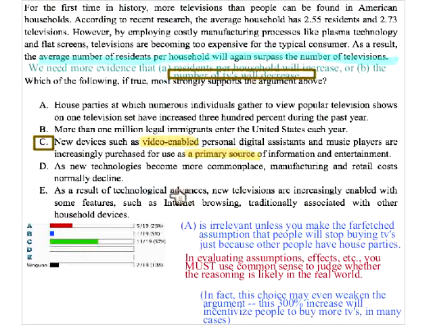In fact, E would work against the argument, because if TVs have things that people normally associate with other devices, then this makes it likely that people will purchase TVs instead of buying those devices. So E will probably make the number of TVs increase.